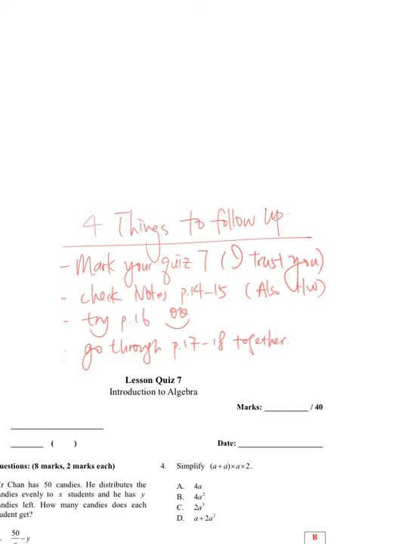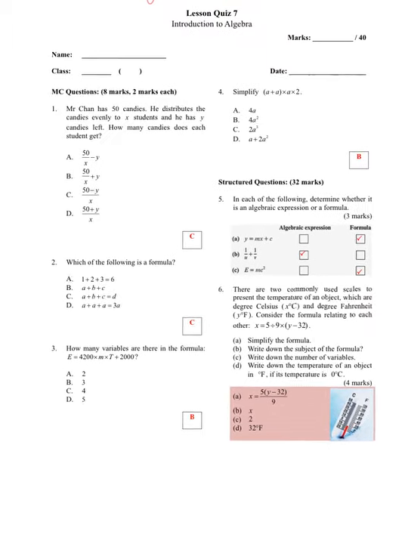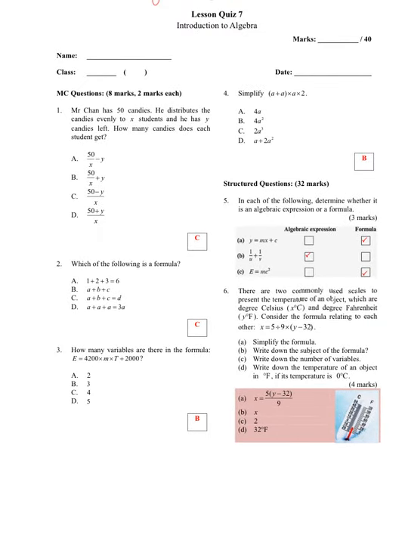So the first thing, here is the answer of quiz 7. Actually you can refer to the website as well, but I think you can mark them very fast if you refer to this video. The answer for question 1 is C, question 2 is C as well.